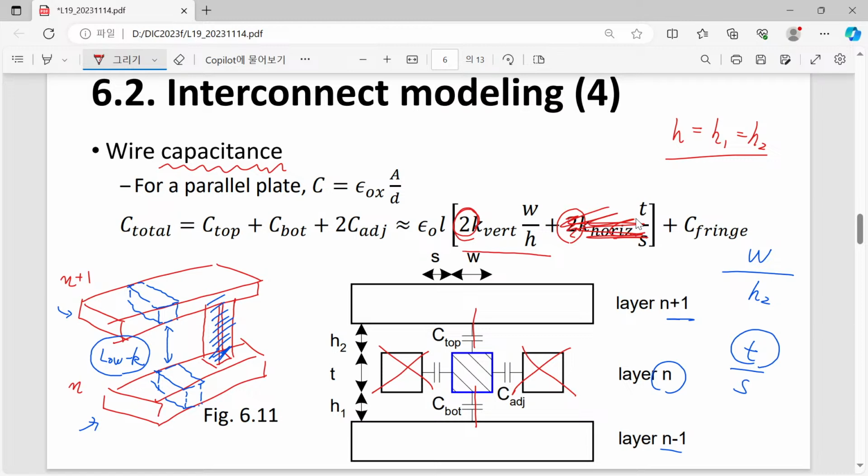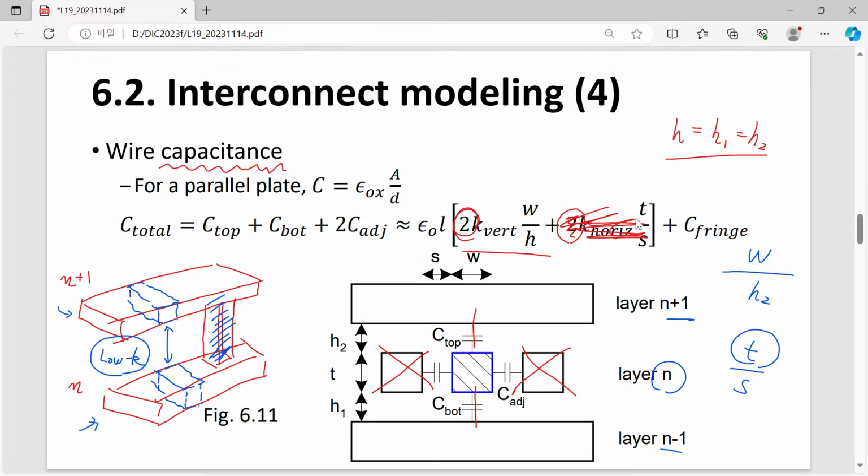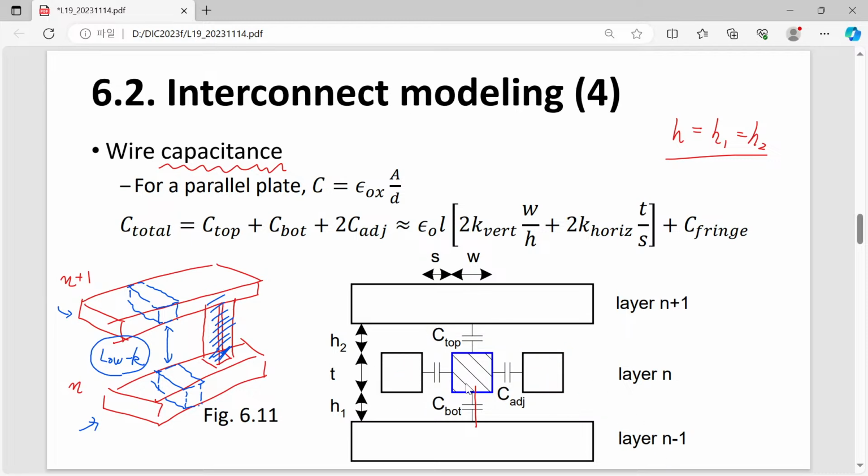So if you have just a very lonely line without any neighboring metal wires, then capacitance will be quite small. But what we wanted to calculate is the worst case capacitance, the highest capacitance we can expect for a given technology, and it can be written in this form.